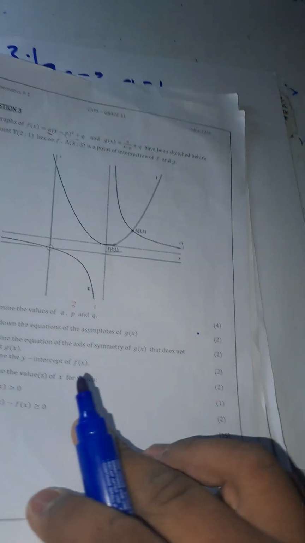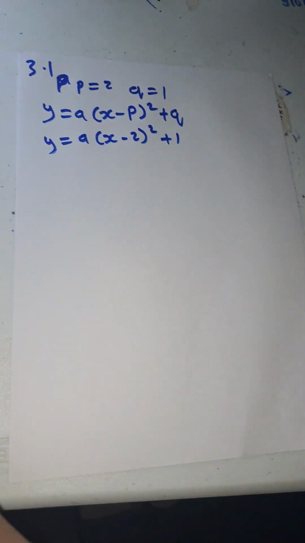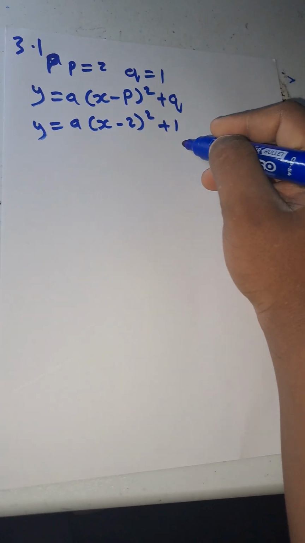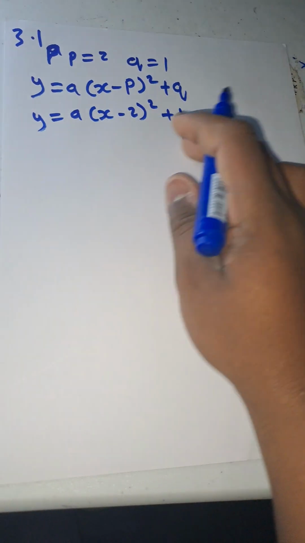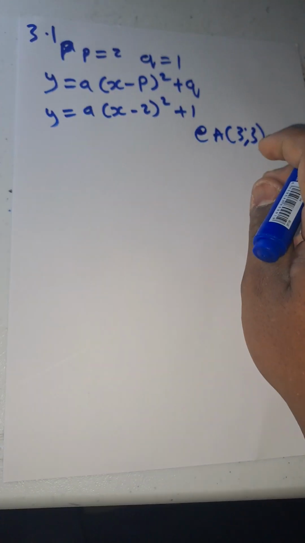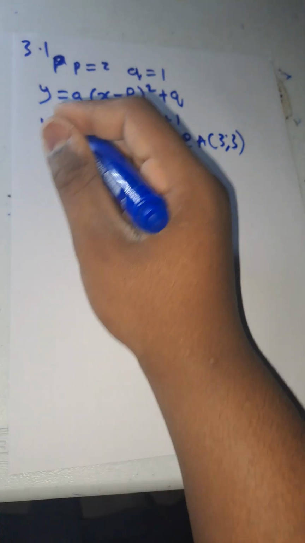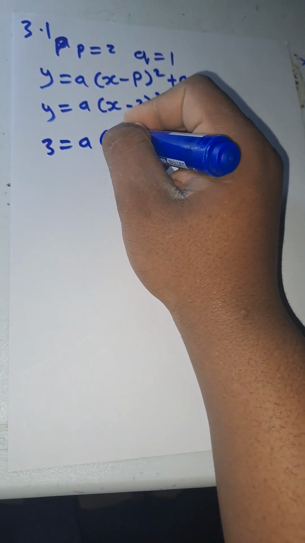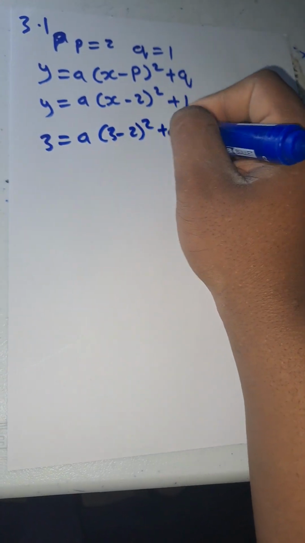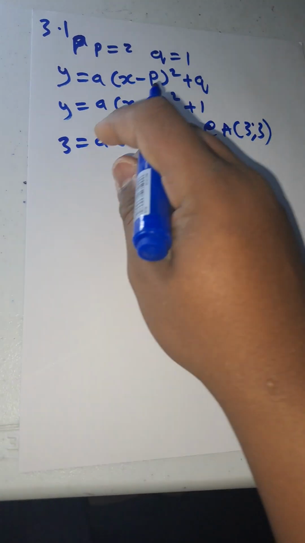Now I have to choose a point. At which point? 3 and 3. So at A, 3 and 3, where there is x and y, I put 3 because it is the same number. So 3 is equal to a times 3 minus 2 squared plus 1. 3 minus 2 is 1.